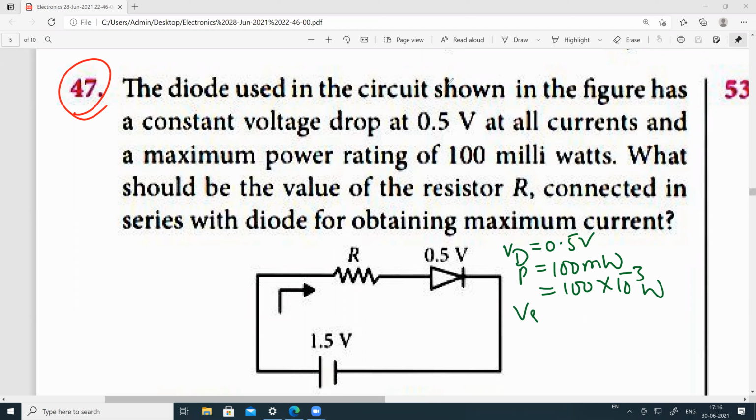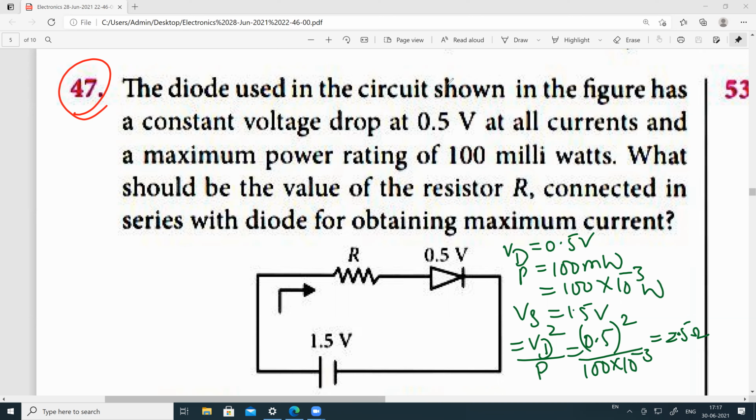And they have given the source voltage, that is 1.5 volts. The resistance of the diode is calculated using the formula VD square by P, which is 0.5 whole square divided by 100 into 10 to the power of minus 3. So this becomes 2.5 ohm.